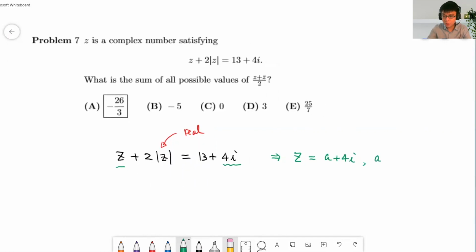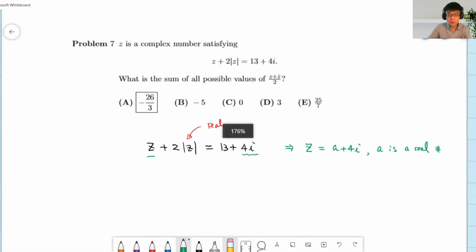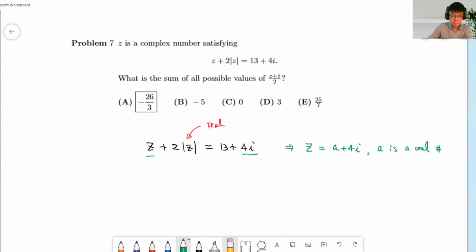Here a is a real number. Now let's use this and solve for the value of a. On the left-hand side, it is a plus 4i plus twice the absolute value of z, which is twice square root a squared plus 16.